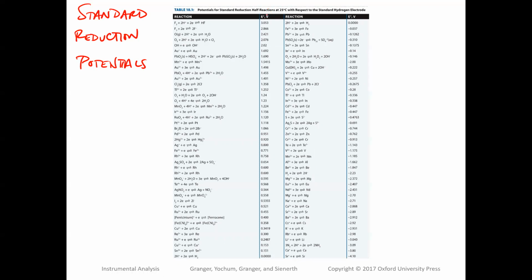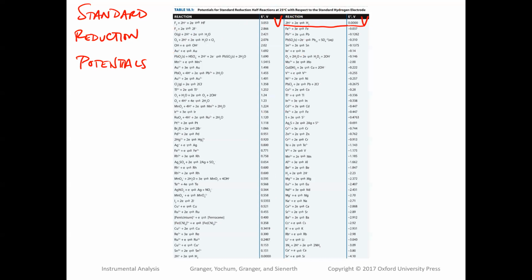This column is voltage, V. This first column, these are all positive voltage. This third column, these are all the negative voltages with our hydrogen reaction in the middle. Remember, hydrogen is arbitrarily set to 0. You have to have 0 somewhere. And so hydrogen it is.